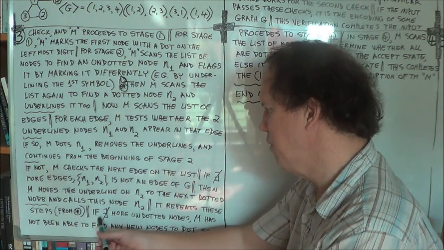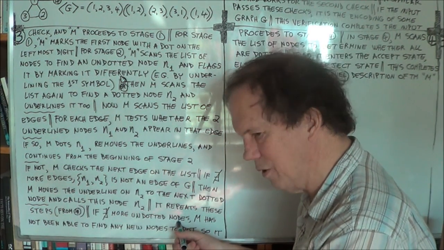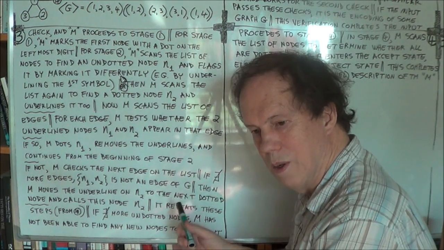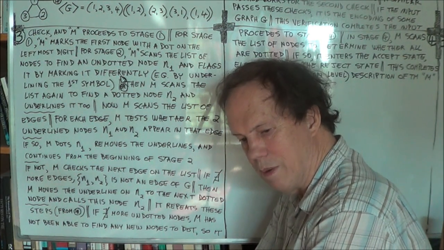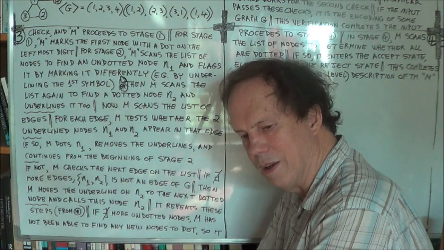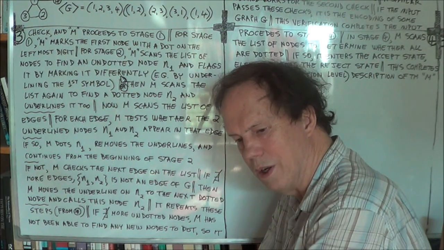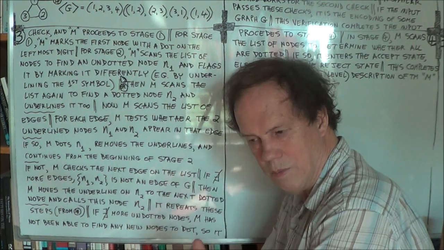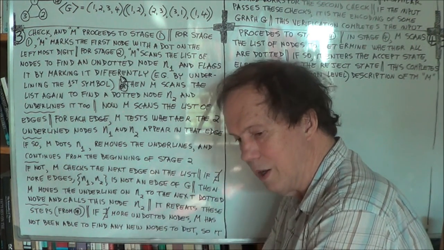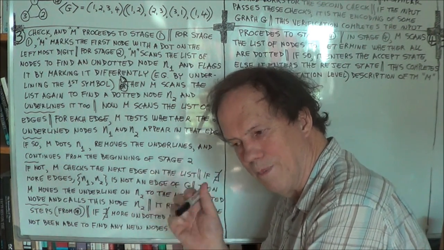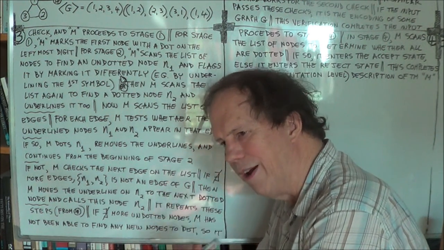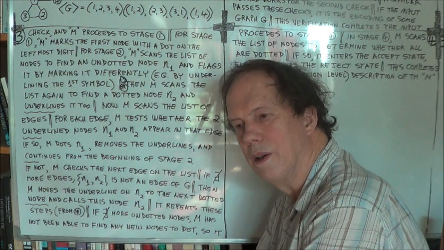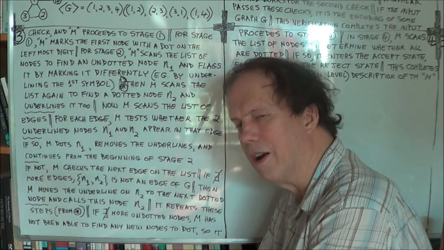Now, if there are no more undotted nodes, if you've run out of undotted nodes, well, that means you've completed an island. All the nodes in your island have been dotted. All those nodes are complete. Now, as I was saying a bit earlier, if your graph is connected, there is only one island in the whole graph.